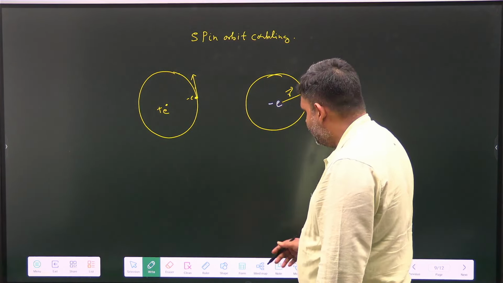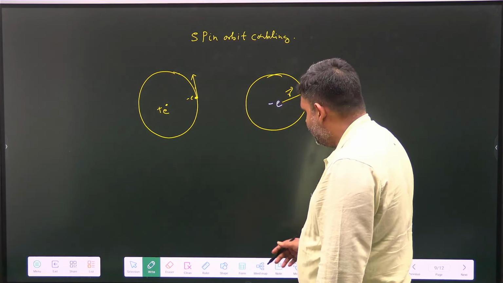And now the proton is moving with some velocity. Are you getting my point? So if the proton is moving with some velocity, it will develop some magnetic field because it is a charged particle, and it has one internal spin. And due to that spin, there is coupling between the magnetic field and that spin, and an extra term in the Hamiltonian will come into the picture. So let us go for the next calculation about that spin orbit coupling.